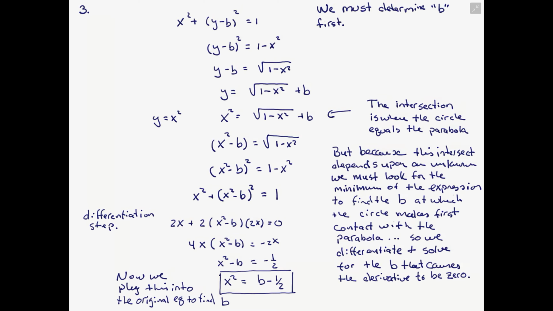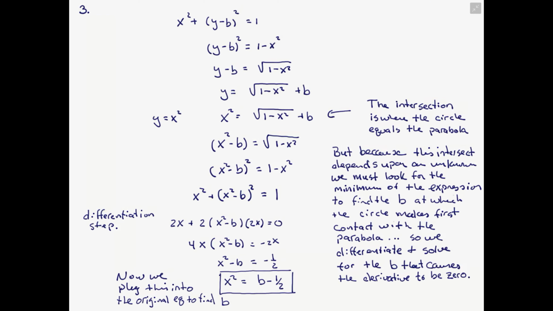And here we're looking for the minimum between the parabola and the circle. And so by doing this, we can solve for b.